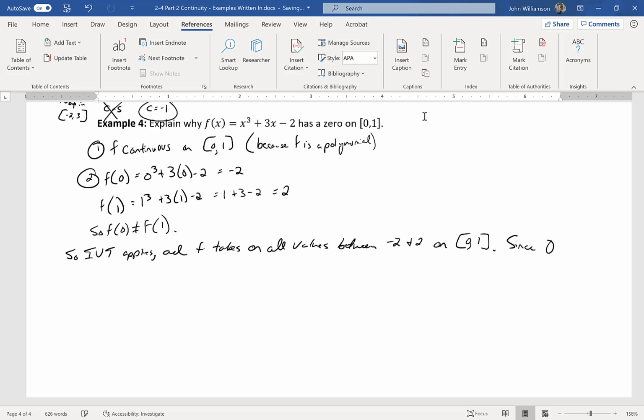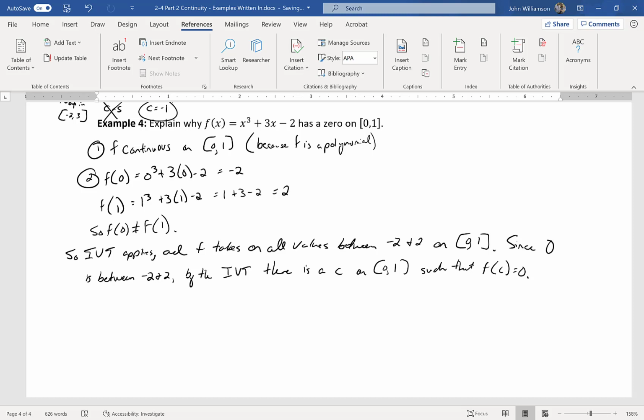Since 0 is between negative 2 and 2, we know by the intermediate value theorem, there's going to be a c on 0 to 1 such that f of c equals 0.